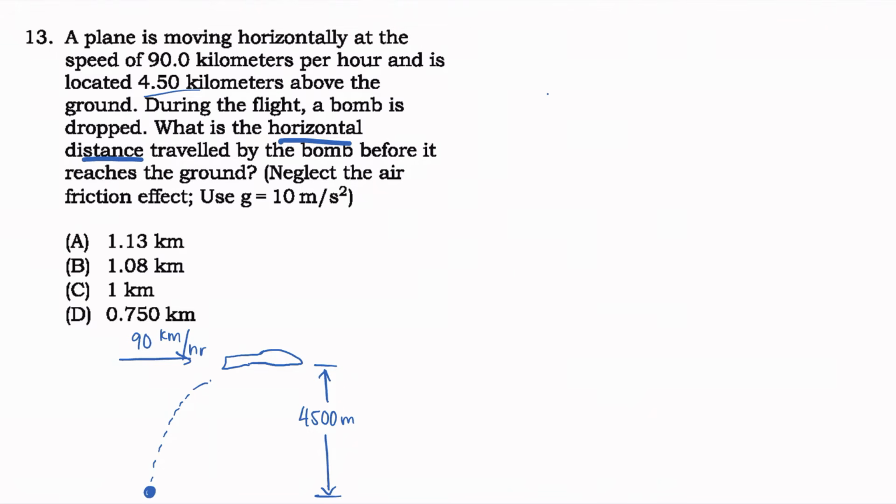So yung formula na gagamitin natin dito is x is equal to initial velocity with respect to x times time plus 1/2 acceleration times time squared. Pero hindi naman nag-accelerate yung bomb, so 0 na yun yung acceleration. Given tayo ng initial speed, yung hahanapin na lang natin ay yung time.